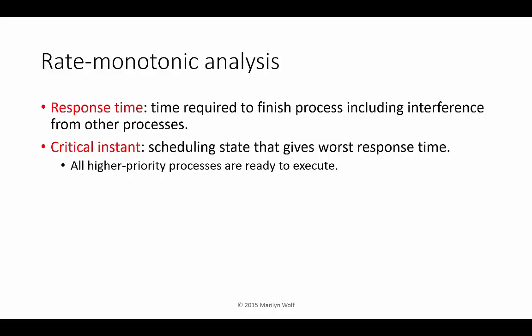It assumes static priorities. Response time refers to the time required to finish a process, including all the interference from other processes. And in rate monotonic analysis, the critical instant is the state of the schedule that gives the absolute worst response time for a process.